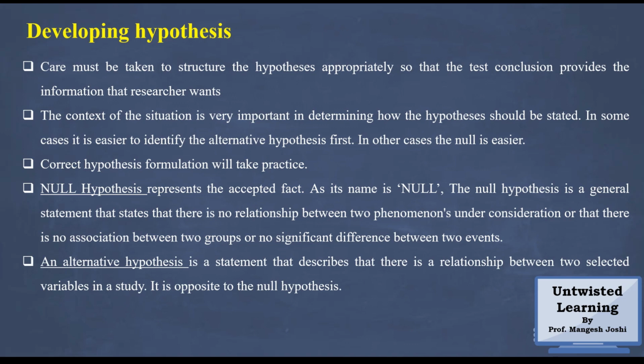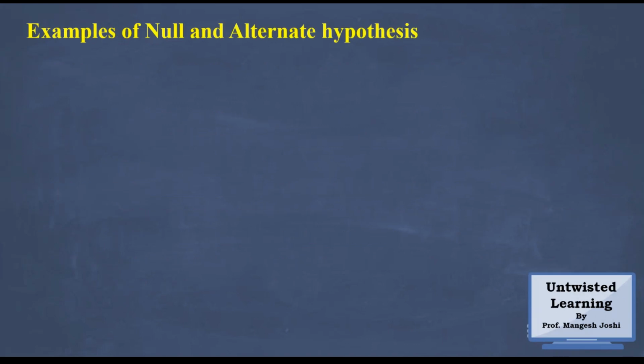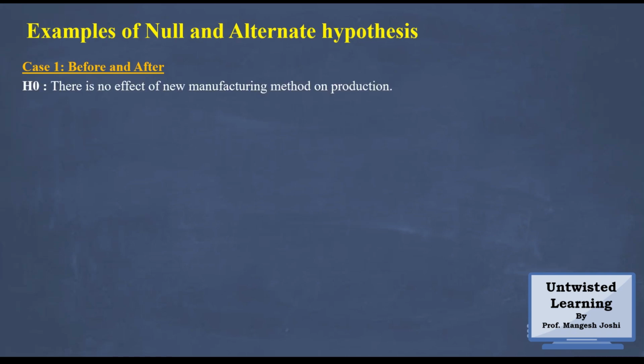An alternate hypothesis is a statement that describes that there is a relationship between two selected variables in a study. It is opposite to the null hypothesis. Let us see various examples of null and alternate hypotheses. So case 1 we have just discussed, that is the before and after case.